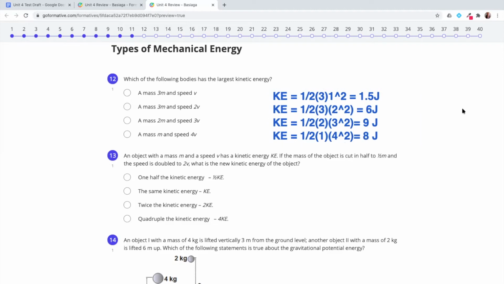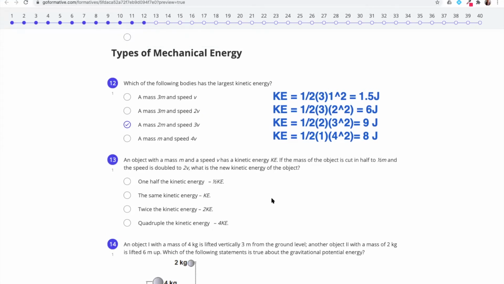When working with a proportion problem, a tool you can use is to set the numbers equal to 1 and just solve them. This means that A has a mass of 3 and a speed of 1. And solving all of this out, I can evenly compare my answers, and I see that C has the largest kinetic energy. Similarly, let's do the same exact thing for 13.